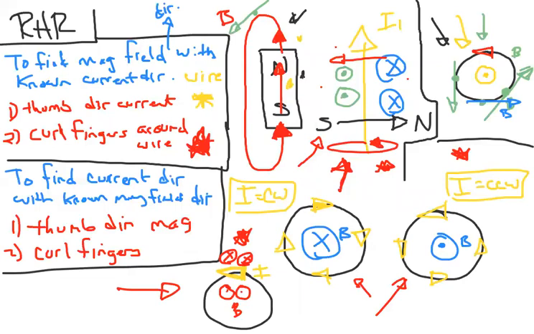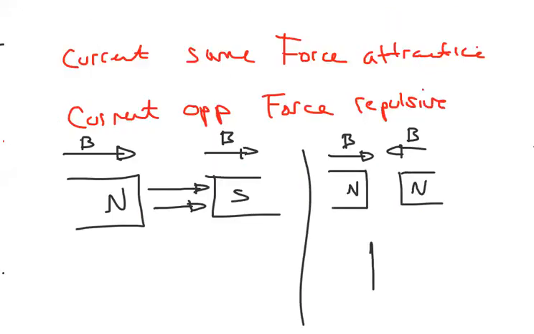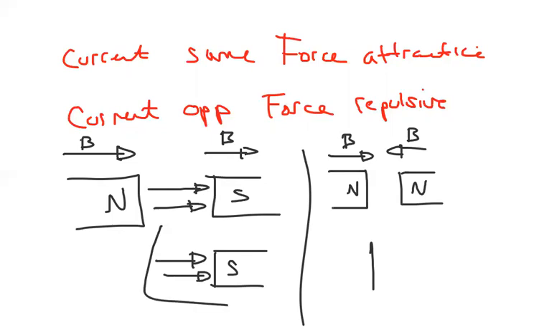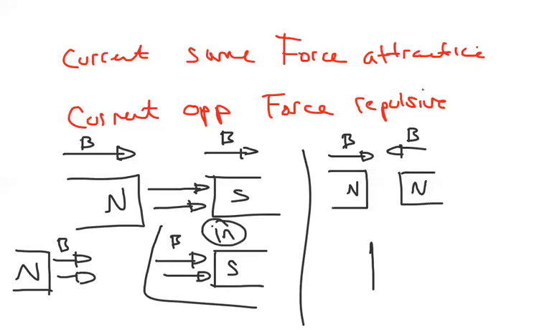So if we just looked at a south part of the magnet, the magnetic field's going into it. If we just looked at the north part of a magnet, it's coming out. So the magnetic field for the North Pole and the South Pole are essentially going in opposite directions, because this is going in. The B field's going into the South Pole here.